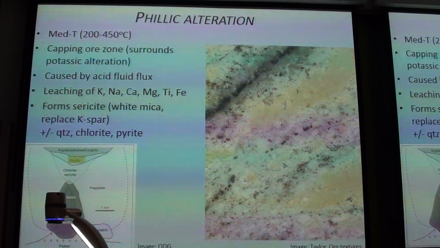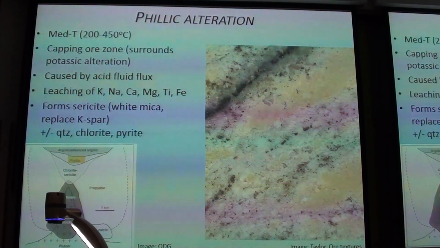The phyllic alteration is a bit further away, at moderate temperatures. It occurs around the capping zone of mineral deposits, and it's caused by acid fluxing through the rock, and acid likes to leach or remove these mobile elements, potassium, sodium, and others.